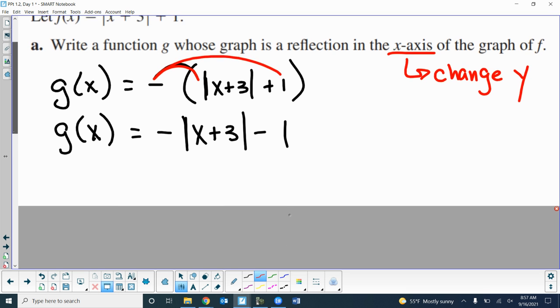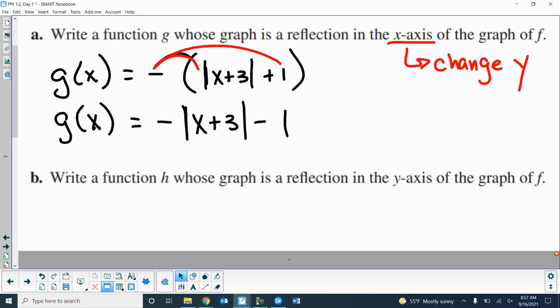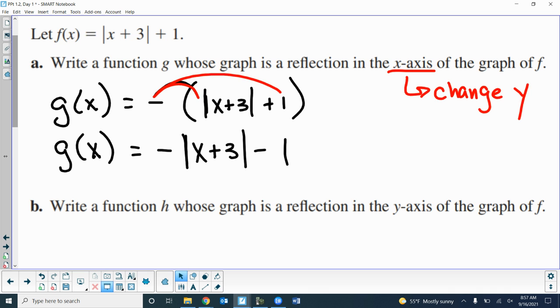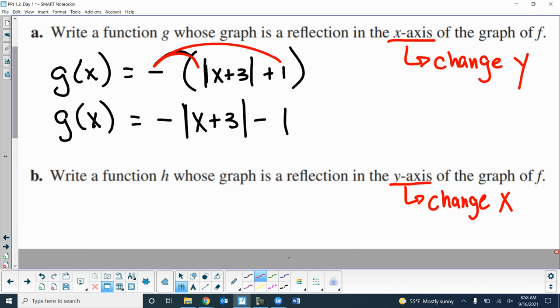If we do b, move this up a little bit. We're using the same f function. That didn't change. Now we're doing it y-axis, so we're going to change what? Just the x, right? Okay. So here we would write g of x equals the absolute value.